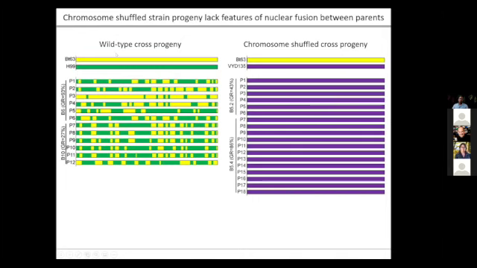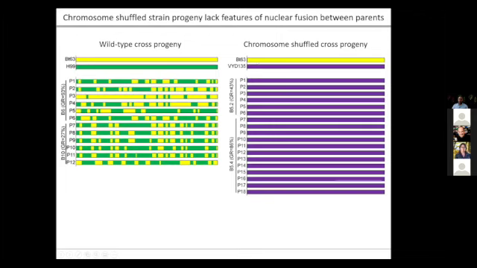So we did the same analysis, and we see that in the case of wild type progeny, where BT63 is yellow and H99 is green, each of the progeny has a mixed genome from both parents, suggesting that there is meiotic recombination happening between the two parents. Now, in this case, however, in all the progeny that we had, the genome entirely belonged to 135.